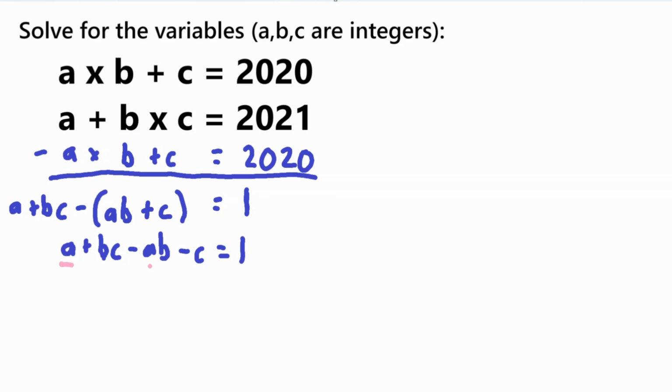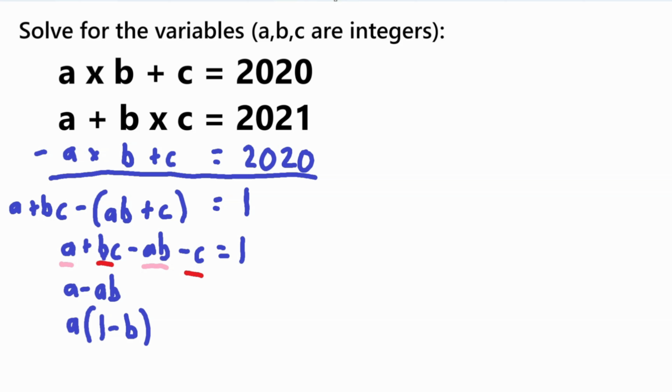We can factor out an a from both of these terms, which will give us a times 1 minus b, right? And then this leaves us with the b times c minus c.